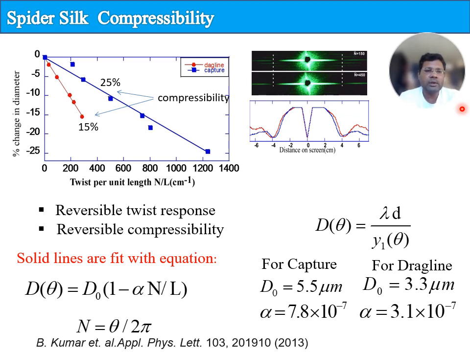Further, we observe that the twist response and transverse compression are fully reversible. If we untwist the silk thread, the diameter comes back to its original form, or the diameter starts increasing if we start unwinding the silk threads.